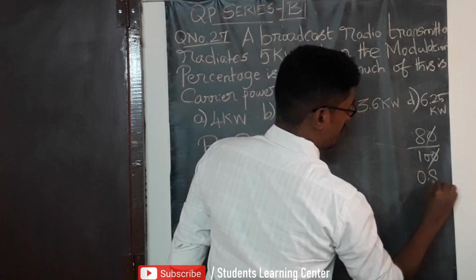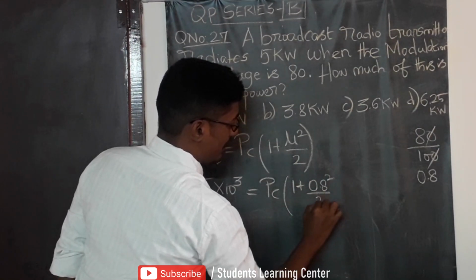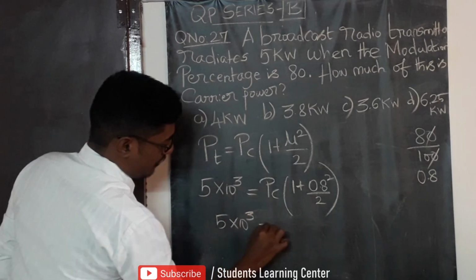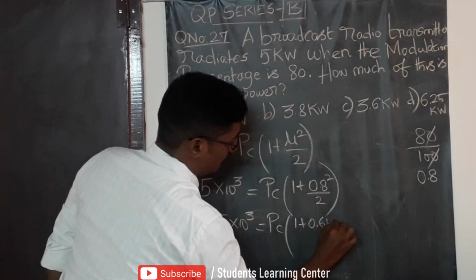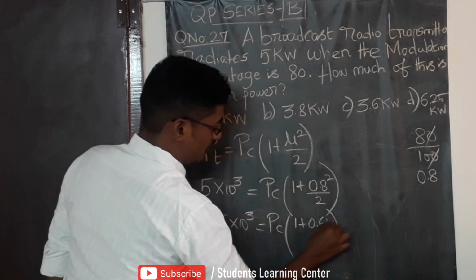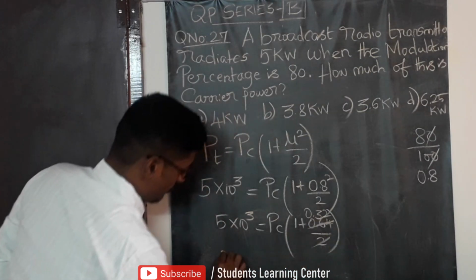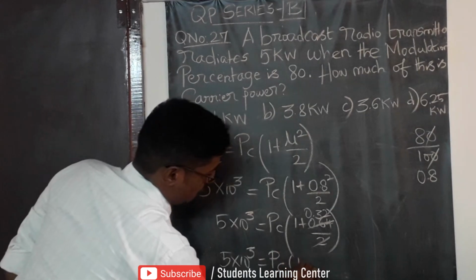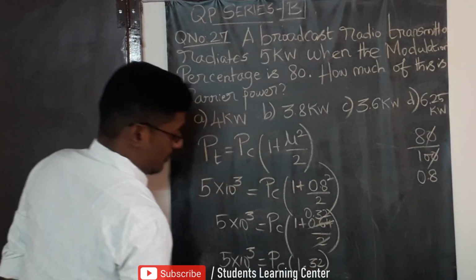So 0.8 squared is 0.64, divided by 2 is 0.32. So 5 into 10 power 3 equals PC into 1 plus 0.32, which is 1.32.